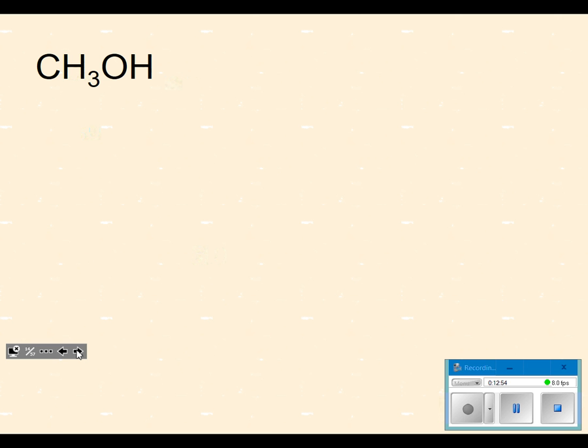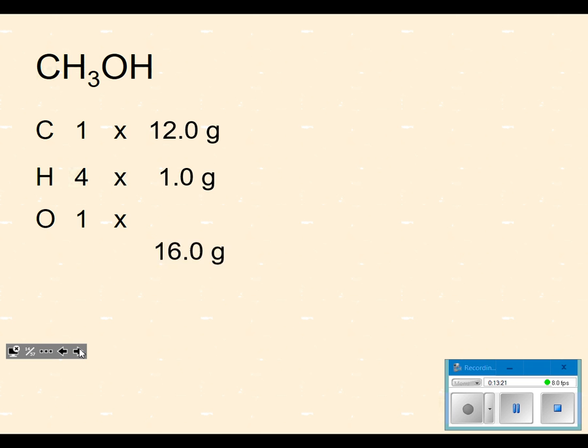Okay, we could do another one. We have 3 elements here. We have carbon, we have hydrogen, we have oxygen. We have 1 carbon. We have 3 plus another hydrogen, so that would be 4 hydrogens, and we have 1 oxygen. Then we're going to look up the atomic masses off the periodic table, and carbon is going to be 12 when it's rounded, hydrogen is 1.0 when it's rounded, and oxygen is 16.0 when it's rounded.